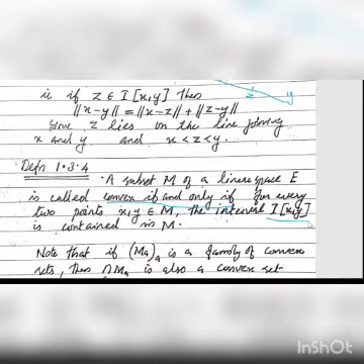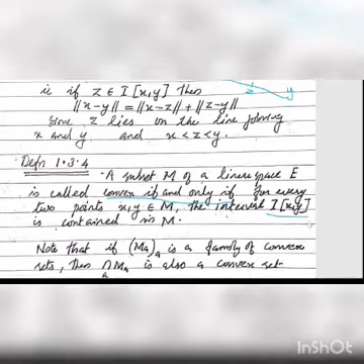That is, a subset M of a linear space E is called convex if and only if for every 2 points x, y in M, the interval I of x, y is contained in M. Both the definitions are the same.